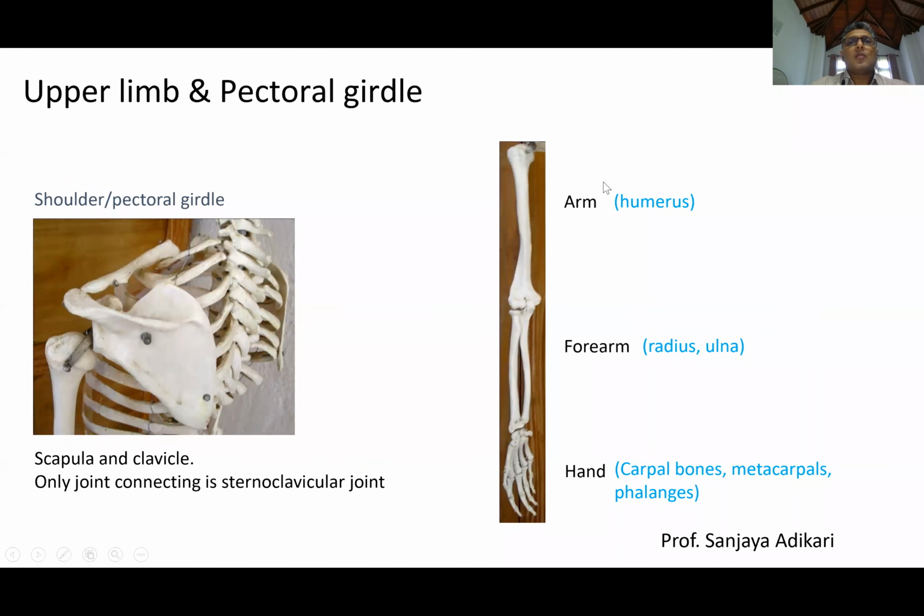Then if you take a look at the limb skeletons, if you take the upper limb skeleton first, you know that there are different ways in which anatomists, or textbooks on anatomy, describe the pelvic and pectoral girdle. Now pelvic girdle, it's one girdle, one circle.